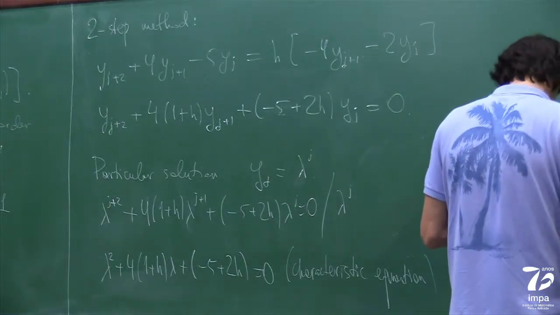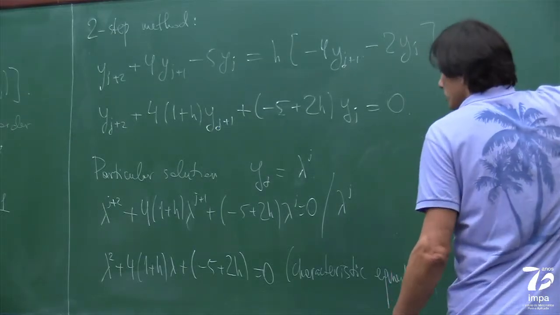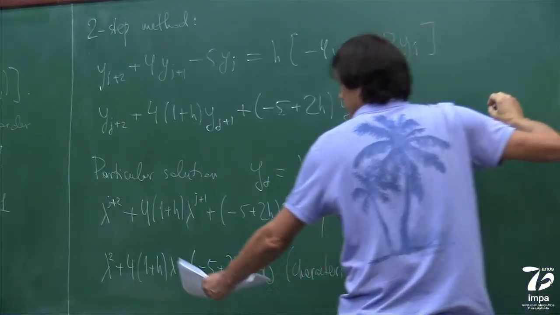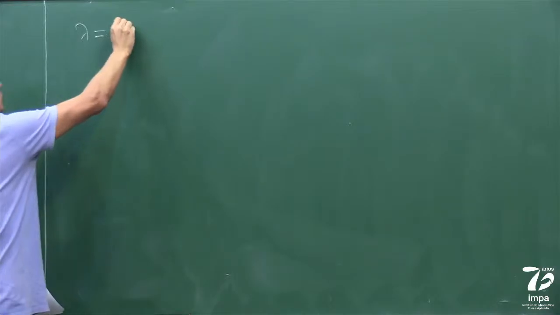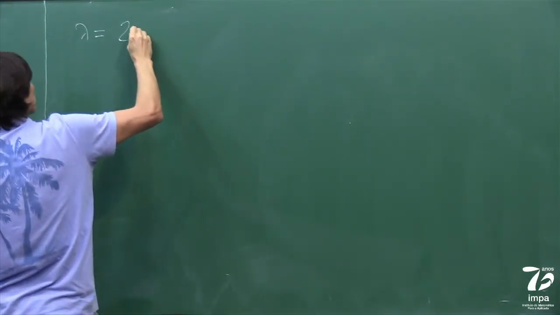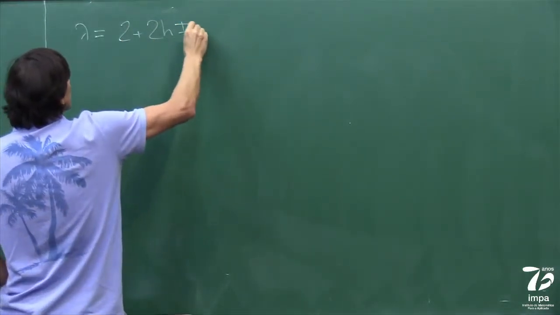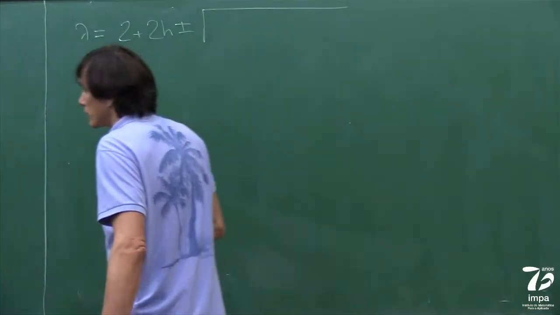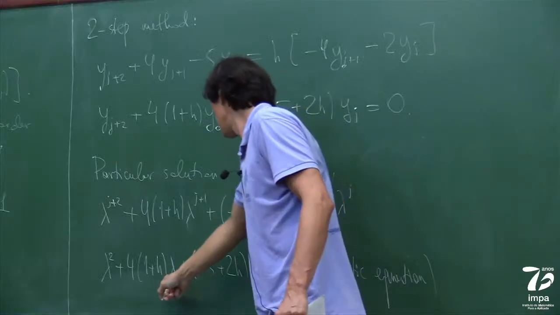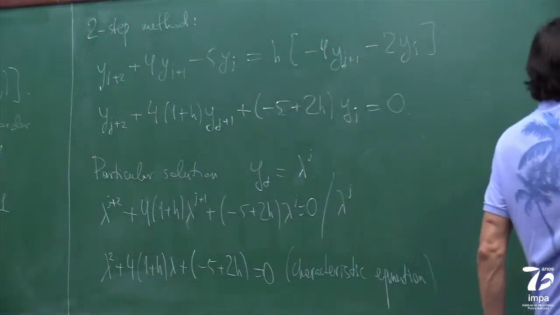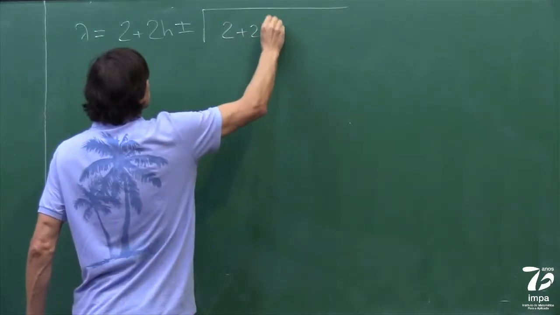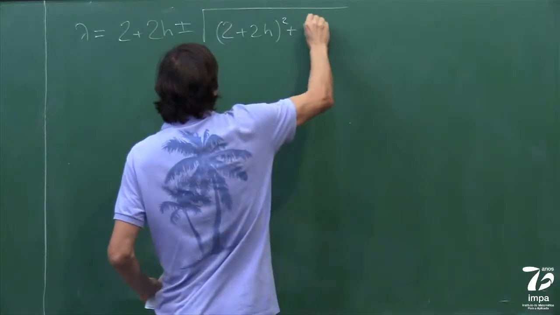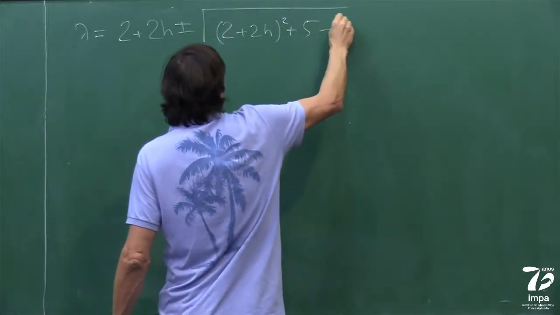Okay, so it is a quadratic equation, so we can solve it. The solution is lambda: you take half of the first coefficient, 2 plus 2h, and plus minus the square root of the square of that half minus the second coefficient, so it would be 2 plus 2h squared plus 5 minus 2h.